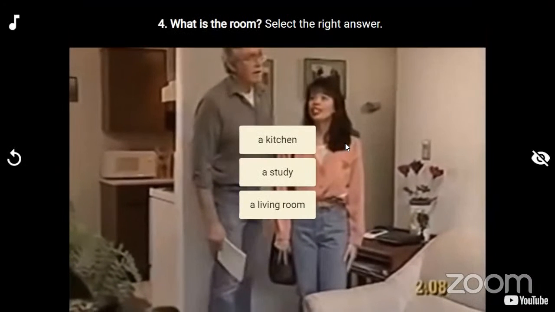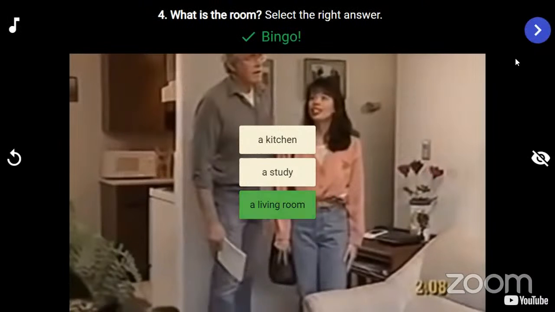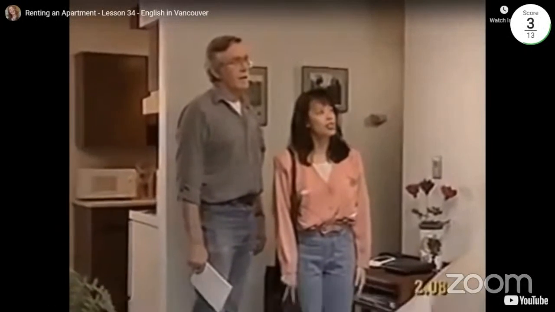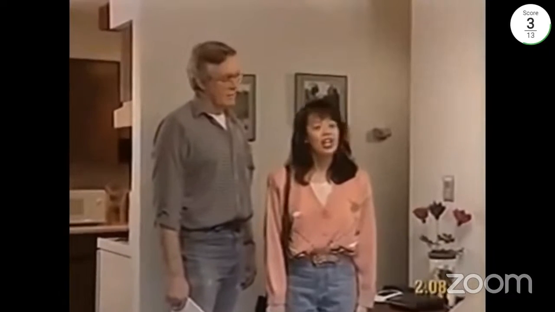So, this is the living room. It's nice and bright. Did you have it painted recently? Yes, I did. And how much is the rent?